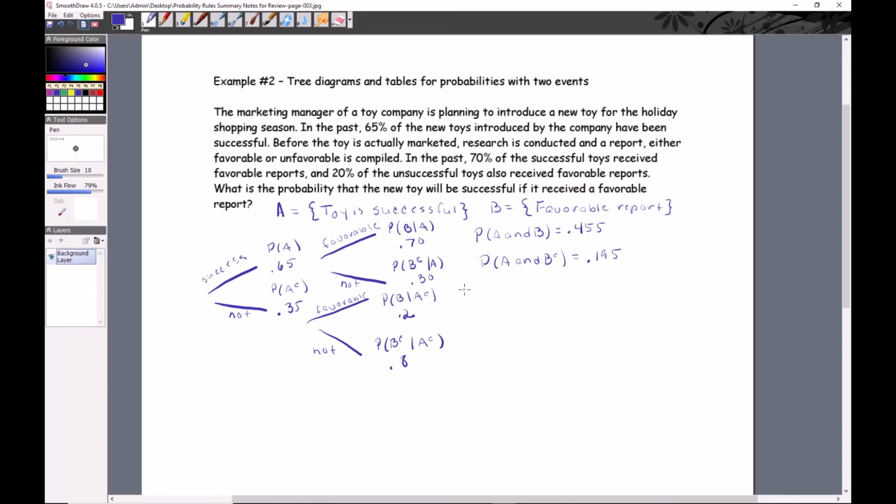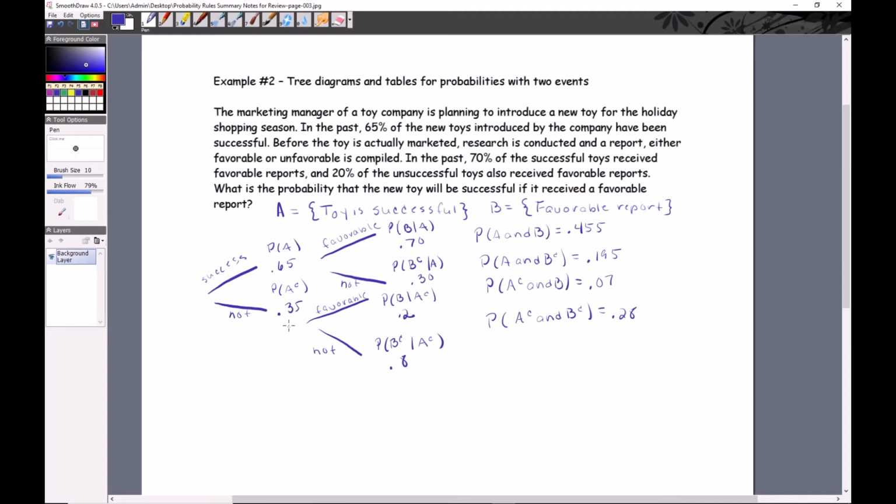Go this branch, this will be the probability of A complement and B, and that comes out to 0.07. And then traveling down this last branch, this will be the probability of A complement and B complement. And if you multiply 0.35 times 0.8, you get 0.28. And so all of these should add up to 1. So these two, and these two should all add up to 1.